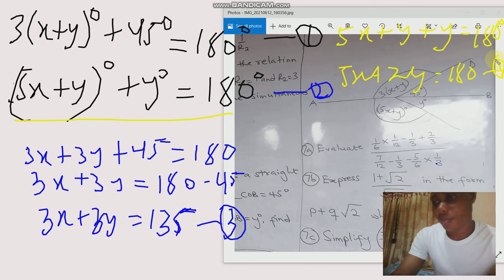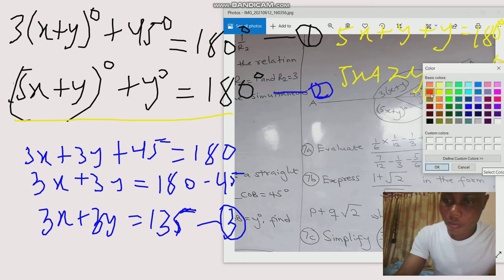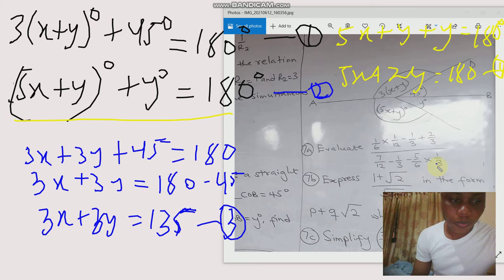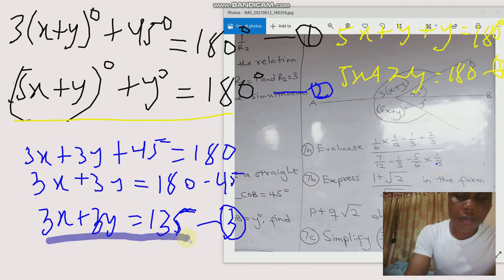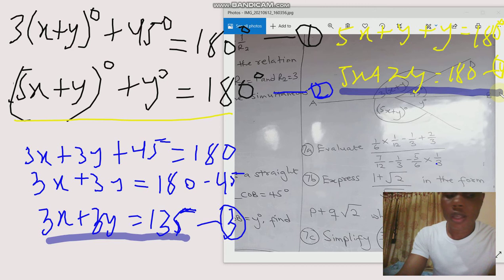So I'm going to solve 4 and 3 simultaneously, using the elimination method. I want to eliminate x, so the coefficient of x in equation 3 will multiply equation 4, and the coefficient of x in equation 4 will multiply equation 3.